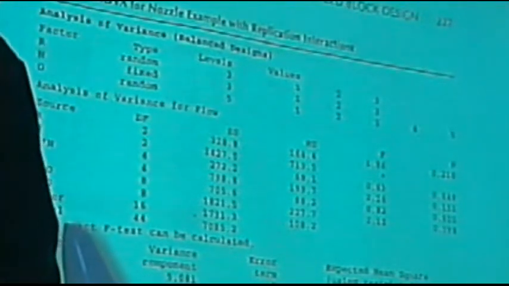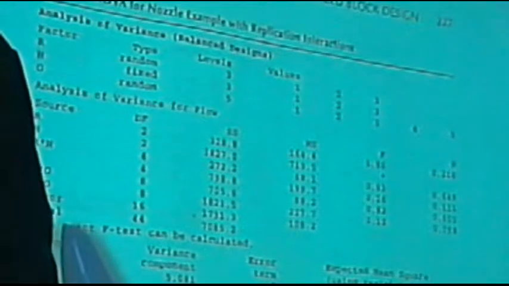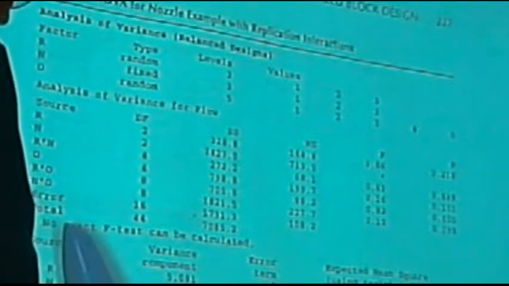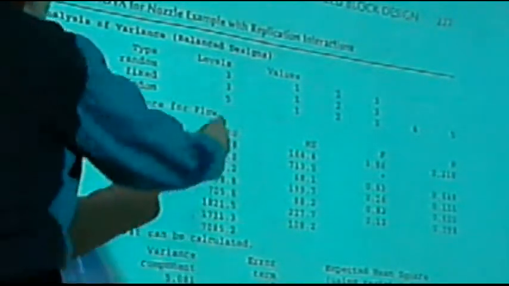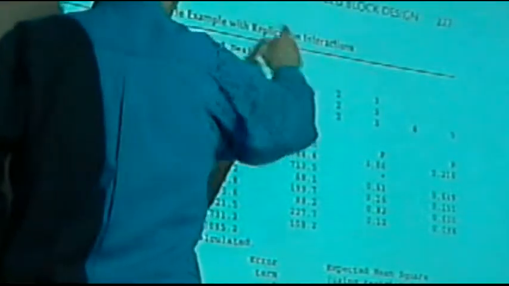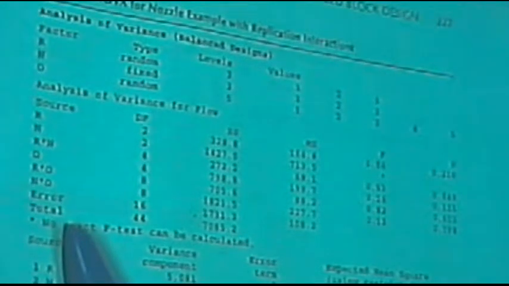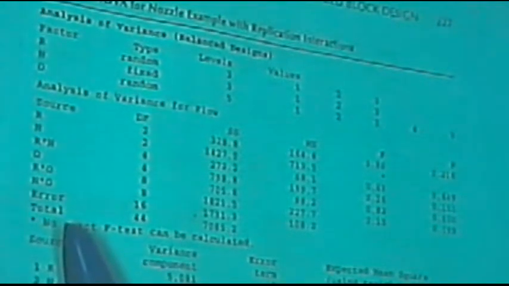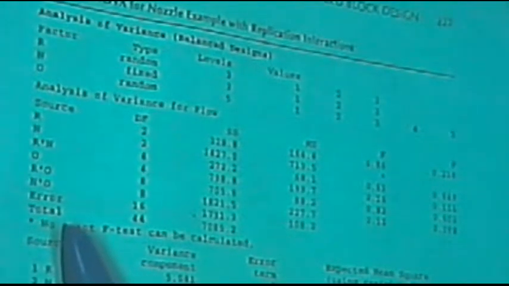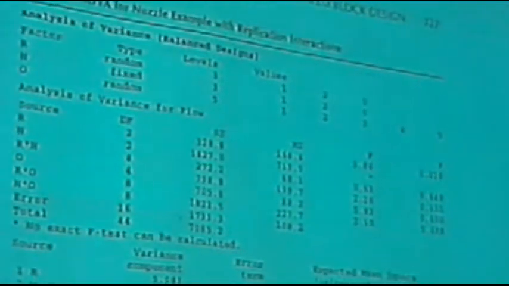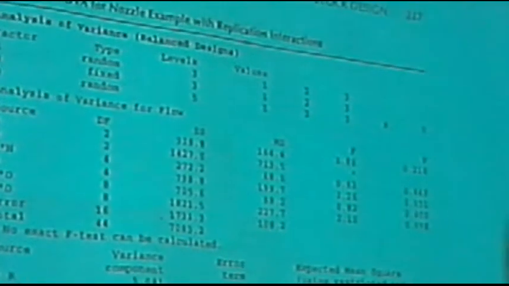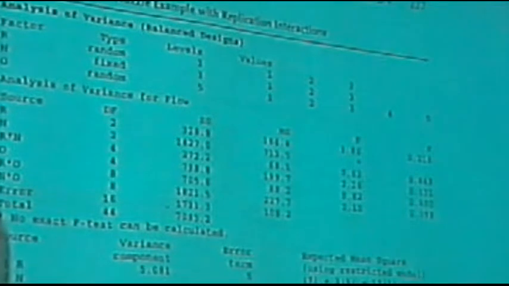So they've added in what they call some replication interaction into the model. So now they've got to go ahead and redo everything all over again as far as the analysis and as far as the expected mean squares. Now here's the Minitab results for the expected mean squares.